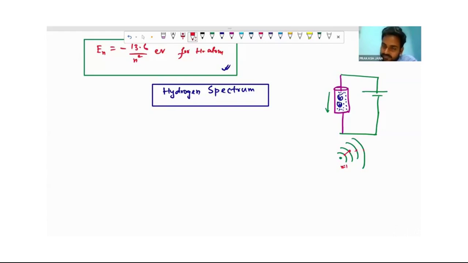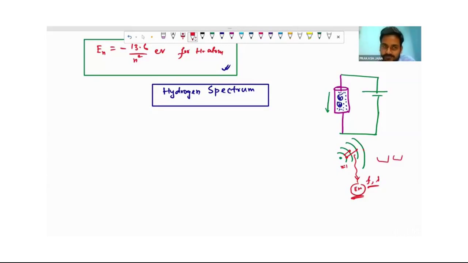They will move up to the higher orbits, and after only a few microseconds, they come back to the lower states by emitting electromagnetic radiation. Basically these are the spectra. These electromagnetic radiations are of different frequency and wavelength, and there are some series of wavelength.